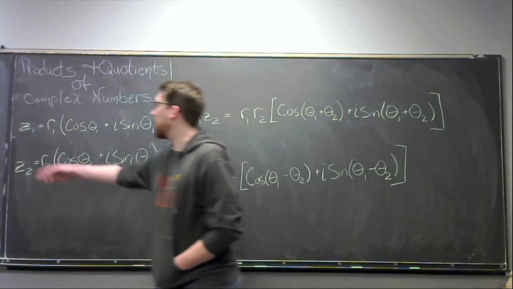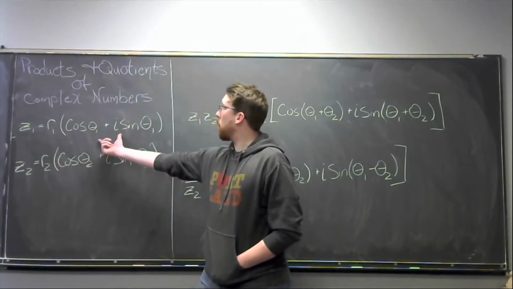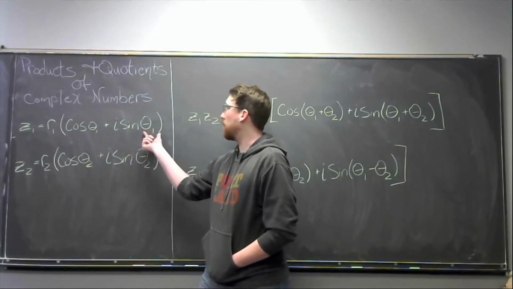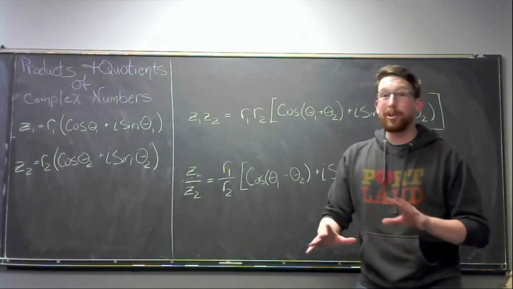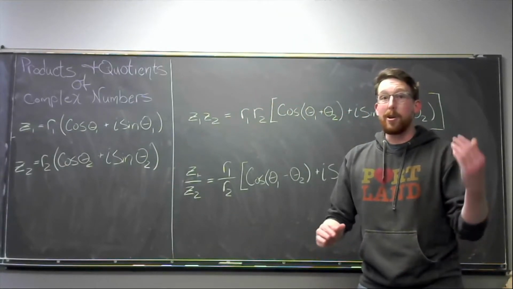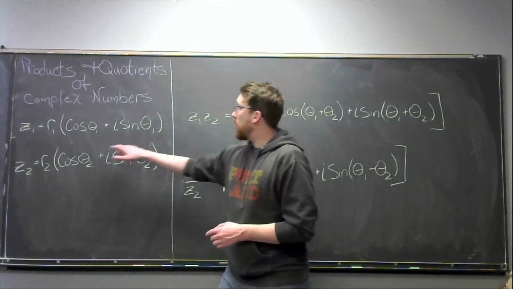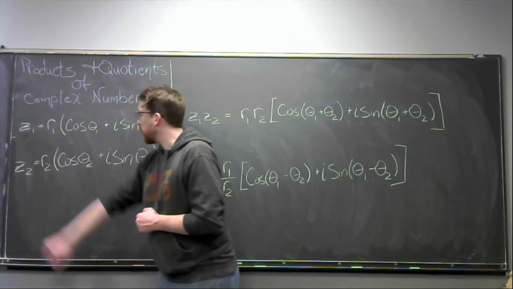All right, so let's say we have two complex numbers. We've got z1, which is equal to r1 times the quantity cosine theta 1 plus i sine theta 1. Now notice these ones are subscripts, so we're only using the one to denote what belongs to what, right? Theta 1, r1, that belongs to our first complex number.